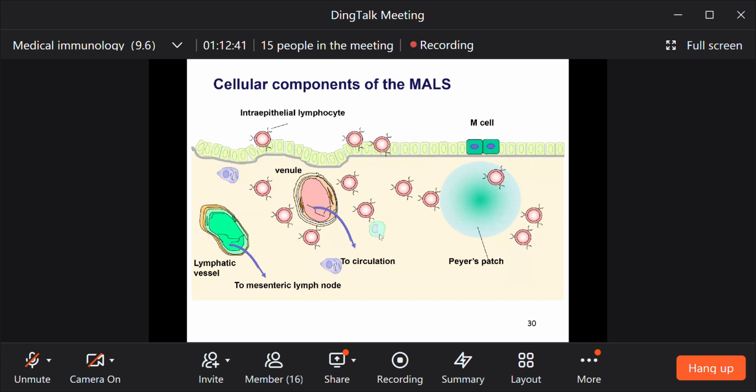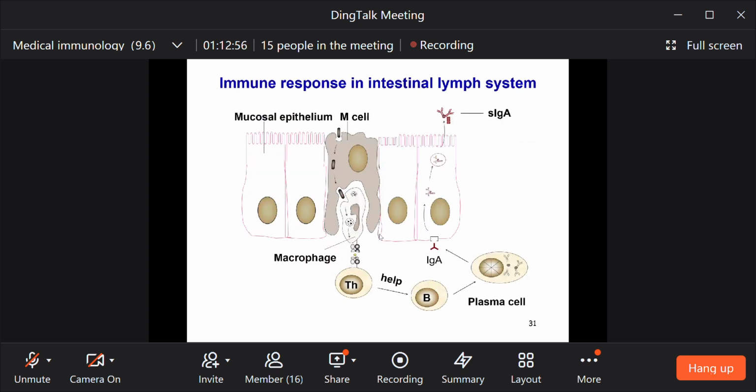Here we can see the epithelium. There is a cell named M cell. The M cell is very important here. We can see the diagram over there. The immune response in intestinal lymphocytes.